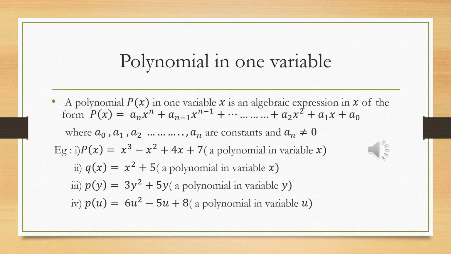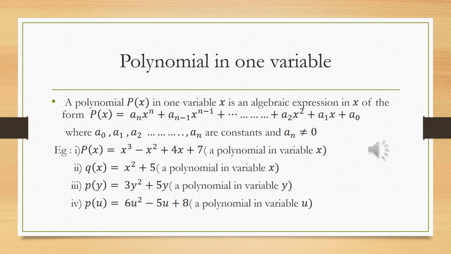So, what is a polynomial in one variable? A polynomial p of x in one variable, say x, is an algebraic expression in x of the form a n x raised to n plus a n minus 1 x raised to n minus 1 plus etc. a2 x raised to 2 plus a1 x plus a0, where a0, a1, a2, etc., a n are all constants and a n is not equal to 0.